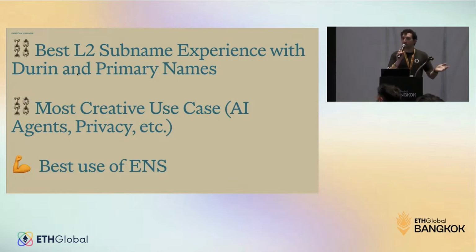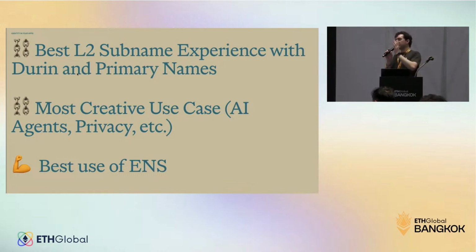This can also use Durin if you wanted to. So it's just like creative use case plus L2 primary name, or just a creative use case on your own that could be unrelated. Another example here is something privacy related that we'll kind of leave up to you, but have some ideas if you want to come by the booth and ask questions.